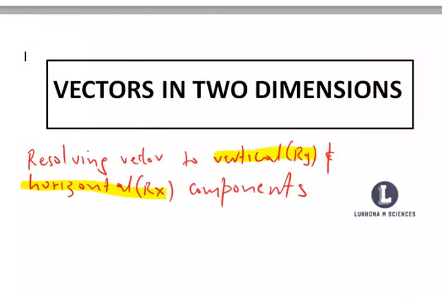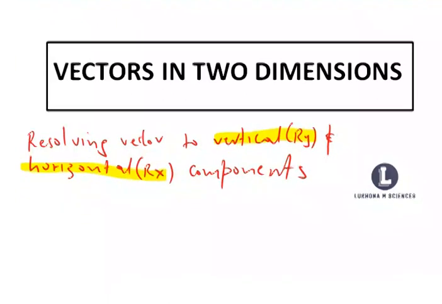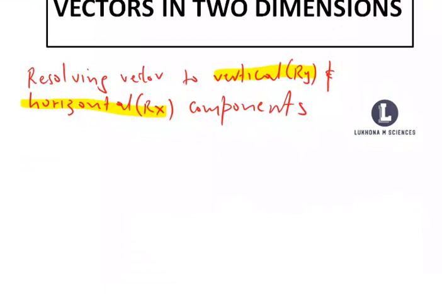Remember that on a Cartesian plane we have only x and y. But if you are given a force that doesn't lie along x and y, you have to resolve the components. I will just give you the formula.